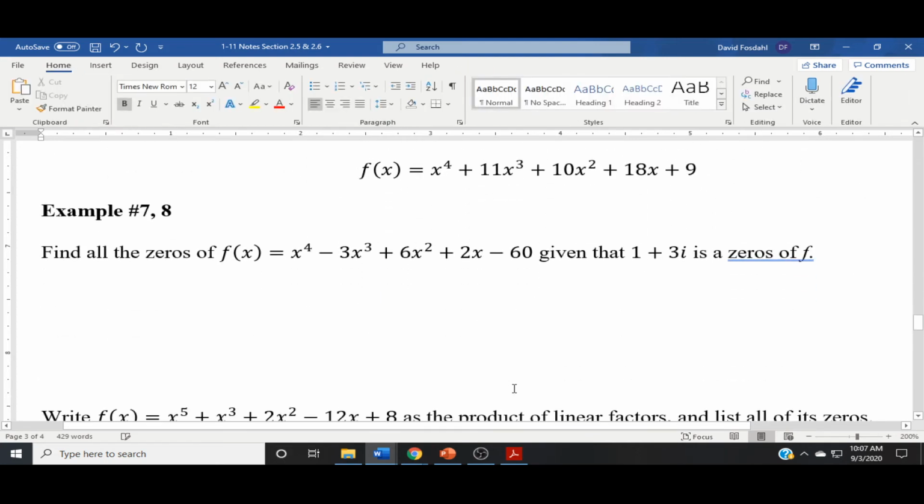Example 7 or 8, you can do the same thing. Just remember, first you are going to want to divide. I'm just going to give a quick explanation.